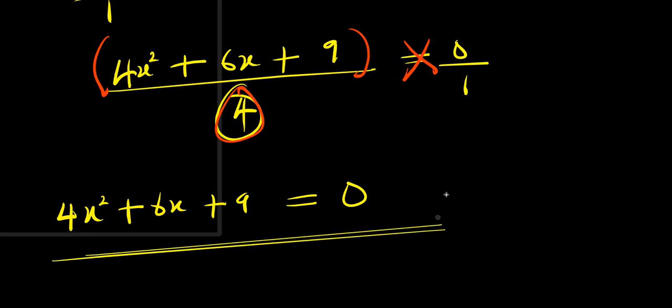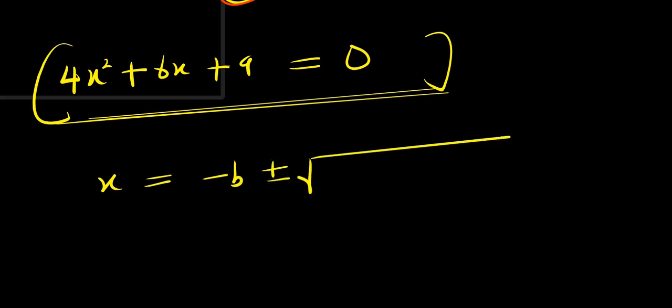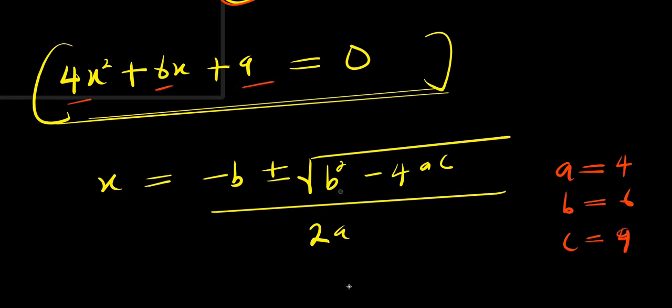So we are going to solve this quadratic equation and find the other values of x. So let's solve this using the formula method. We have x equals negative b plus or minus square root of b squared minus 4ac divided by 2a. So right now, I have a equals 4, which is the coefficient of x squared, b equals 6, which is the coefficient of x, and c equals 9, which is the constant here.